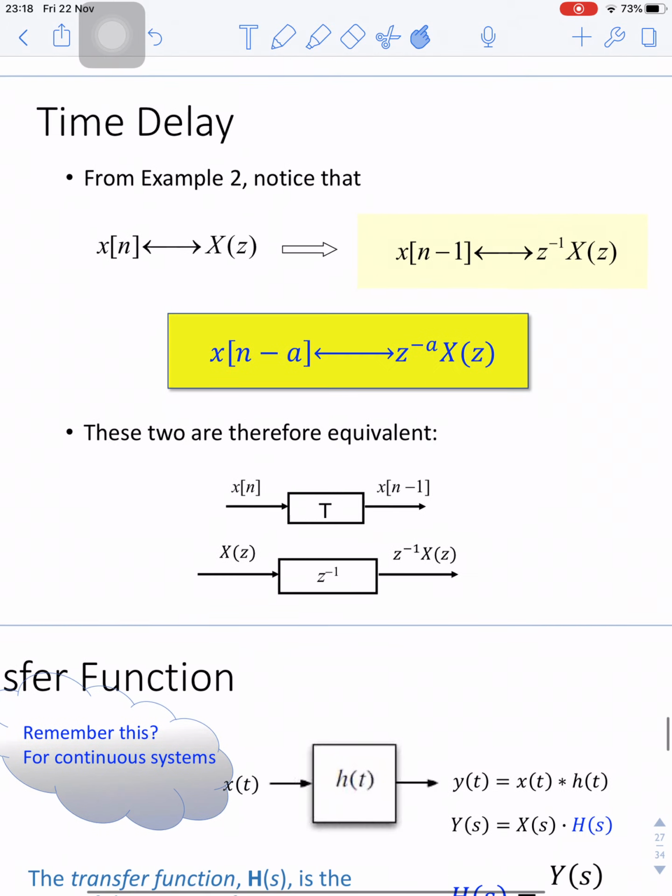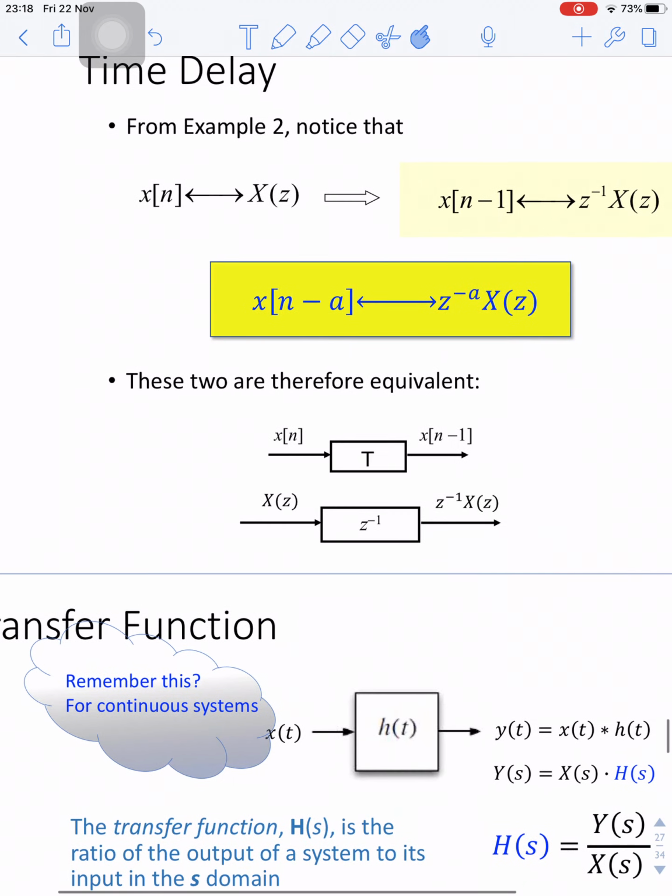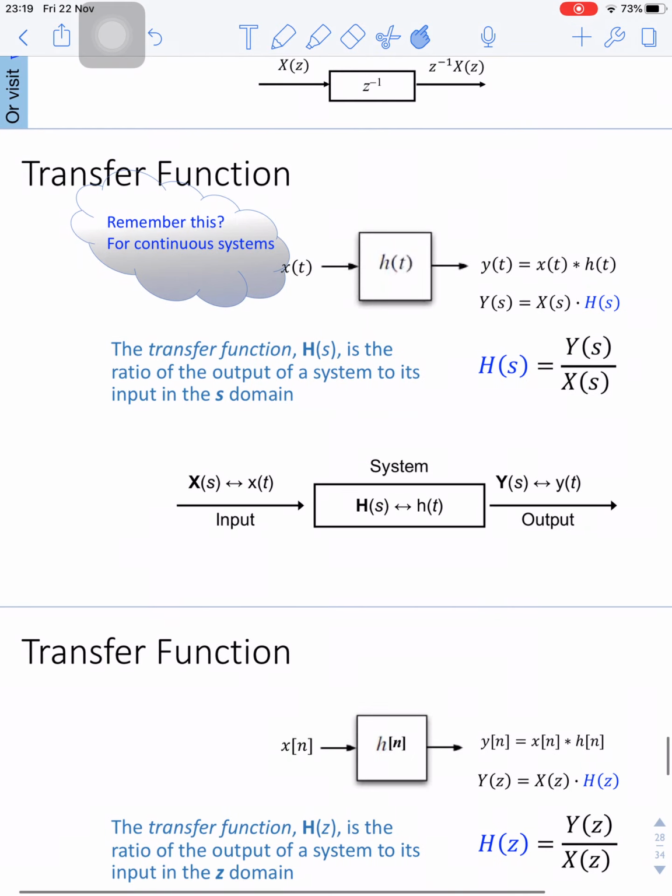And the time delay one is just like, what if we are delaying in the time domain? We are going to have a corresponding z to the power minus a in the frequency domain. So what if we have this kind of thing? We can know it's just delayed by some number of samples. The transfer function x(t) changes into h(t), and y(t) is x(t) convolved with h(t).